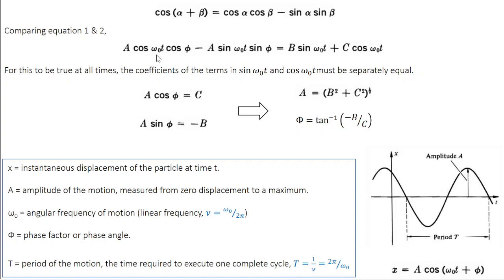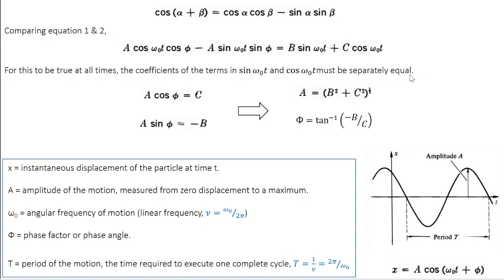So using this relation, now I can expand a cos omega naught t plus phi as a cos omega naught t cos phi minus a sin omega naught t sin phi, which is equal to the other solution b sin omega naught t plus c cos omega naught t. Now, if this is to be true for all times, the coefficients of sin omega naught t and cos omega naught t must be separately equal.